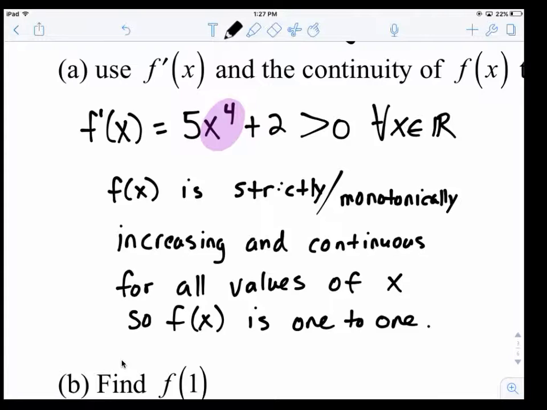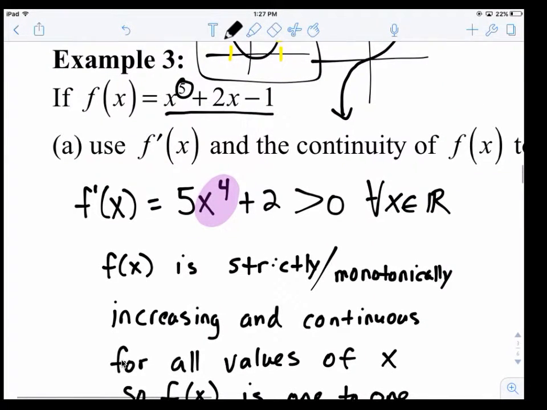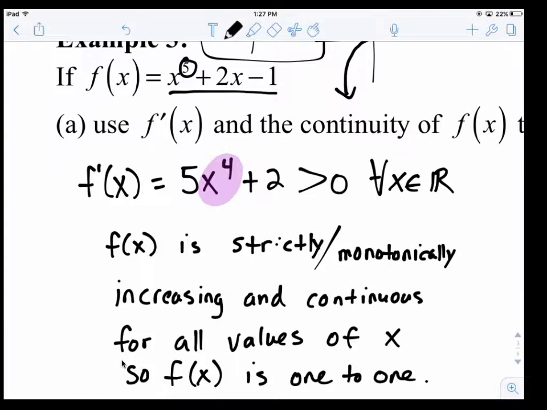And then you also need to show that it's continuous. If it's not continuous, then it's not going to be 1 to 1. So you just have to know the continuity of different functions. Not all of them, but most of them.